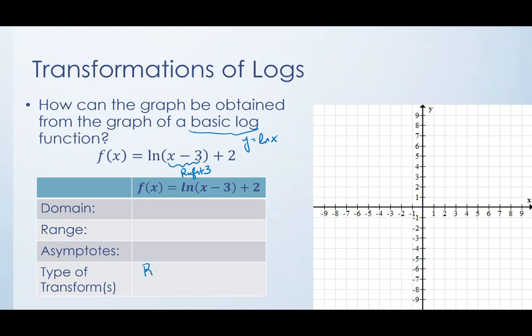That's a horizontal shift to the right by 3 units. And then we are going up 2. So we're going to do this as 2 shifts. We're going to follow PEMDAS. We're going to put that down here, PEMDAS.